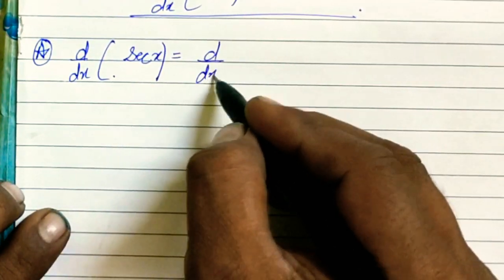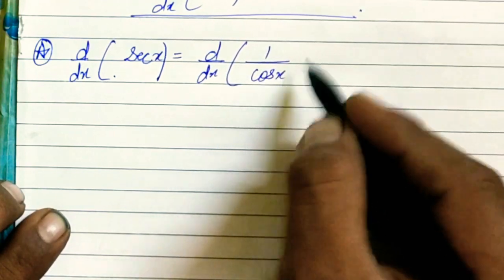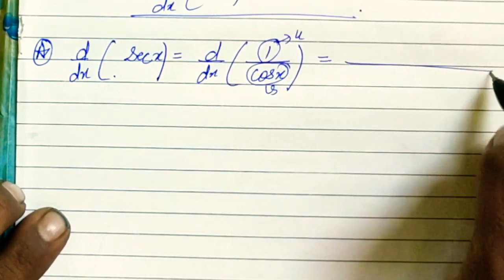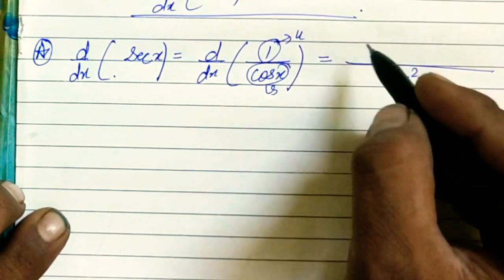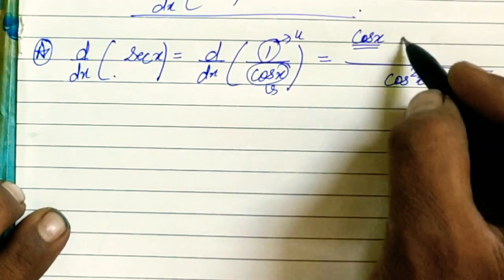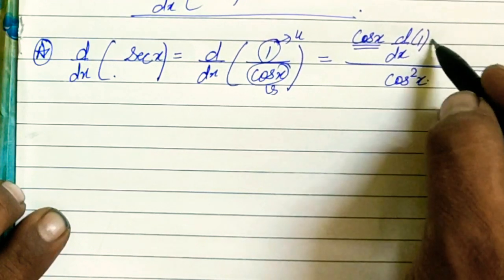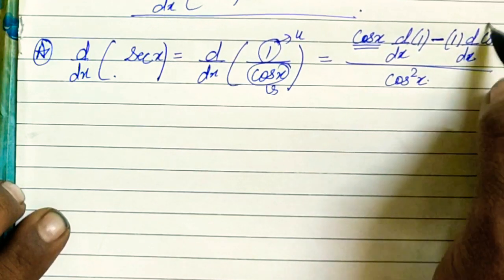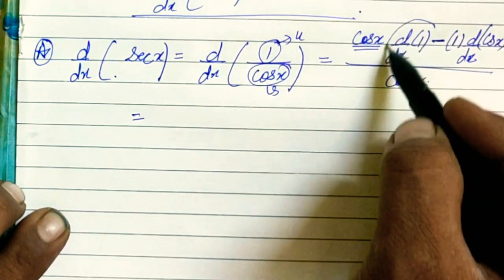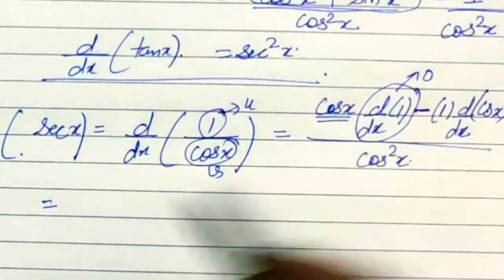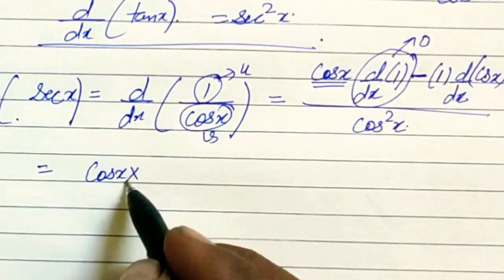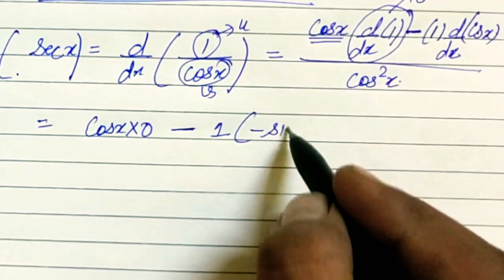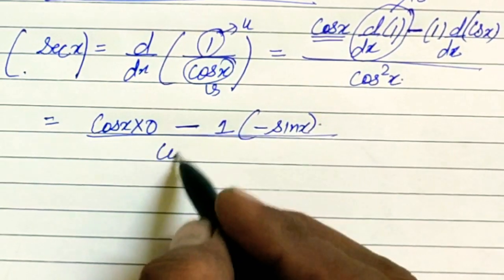Now we can write secant x as 1 upon cos x. Now the numerator is 1 and the denominator is cos x. So first of all I'll square the denominator, then I'll put the denominator first, then I will differentiate the numerator, which is 1, then the sign will be minus, then I'll put 1 outside and I will differentiate the denominator. Now the differentiation of 1: 1 is a constant quantity and its differentiation is 0. So it will become cos x into 0 minus 1 outside, and the differentiation of cos x is minus sin x, upon cos square x.